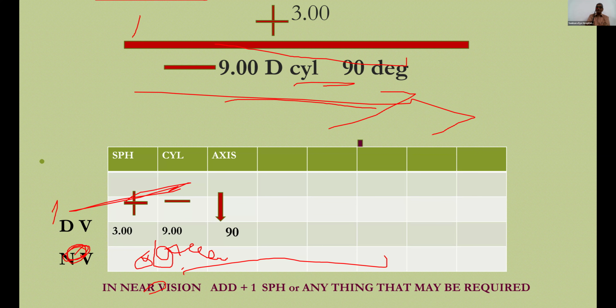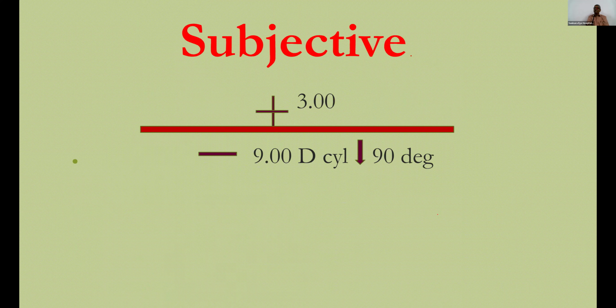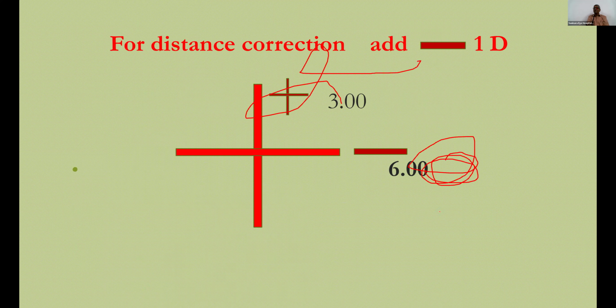I'll tell you now, here also you can easily understand. See now here, in this prescription, I took plus 3 sphere. Instead, I take minus 6 sphere. Imagine now I take minus 6 sphere. Here also minus 6 is there. But I want how much?